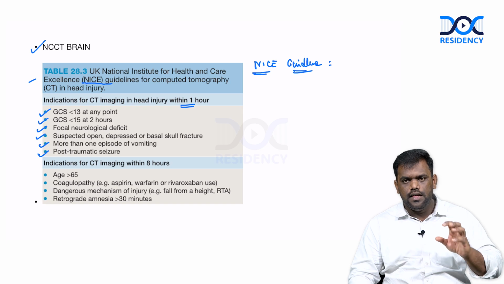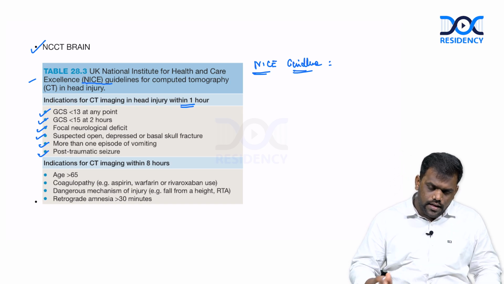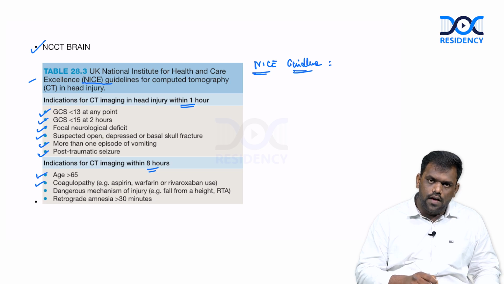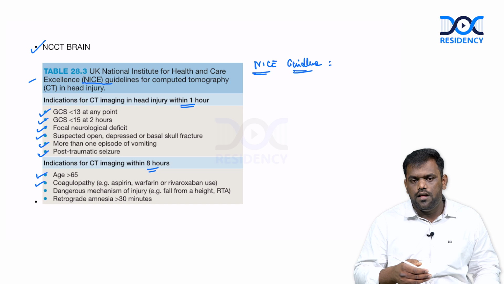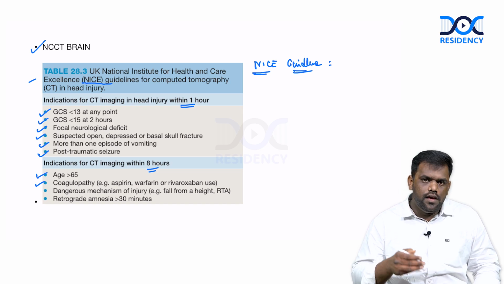These are the indications for CT scan within 1 hour. And the indications for CT imaging within 8 hours of presentation: patient age more than 65, or any coagulopathy, such as being on aspirin, warfarin or antiplatelets or anticoagulants like rivaroxaban, you have to take a CT brain.